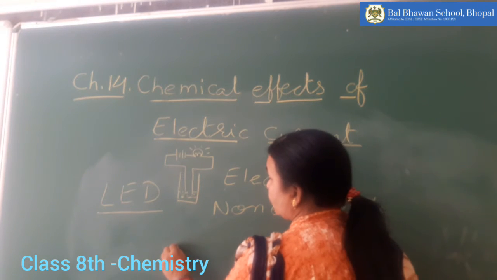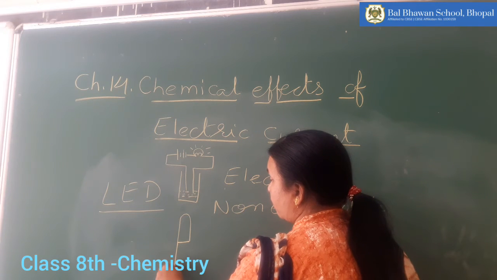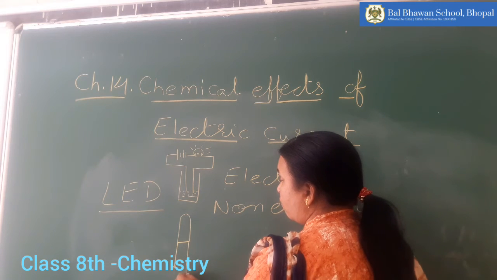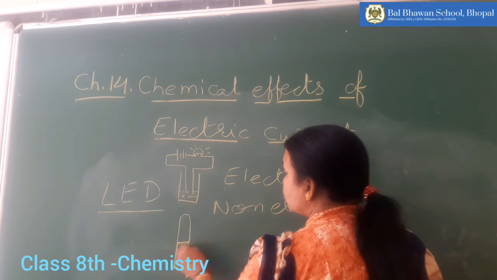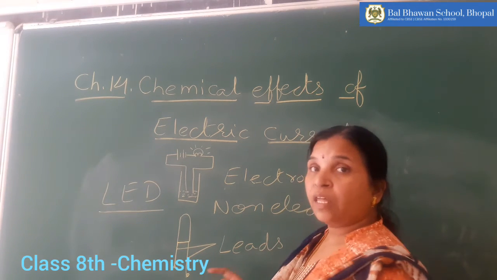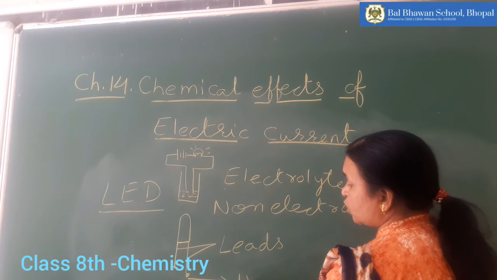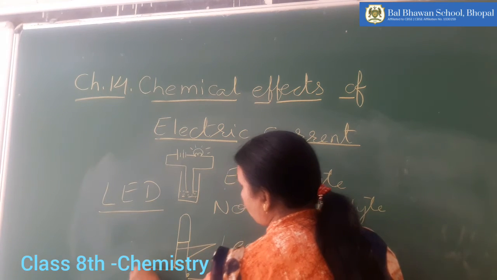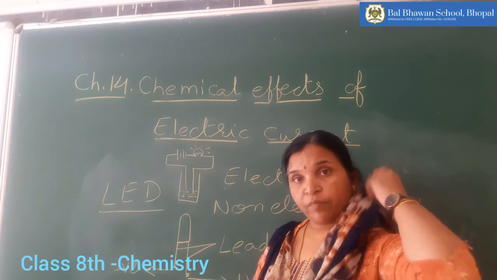If you see the structure of this LED, it's like a small bulb having two wires connected to it. One is longer, the other one is shorter. These two are called as leads. The longer one is always connected to the positive terminal of the battery, and the shorter one is always connected to the negative terminal of the battery.